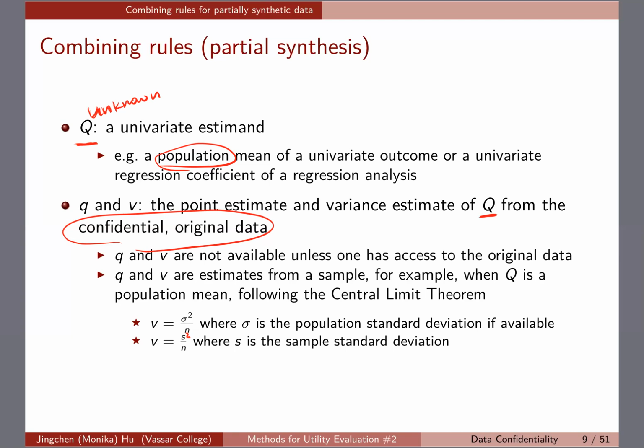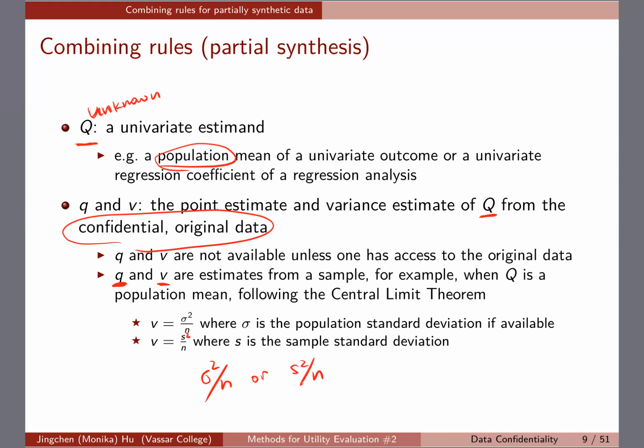If the central limit theorem can be used, then the best estimate for Q will be X bar, the sample mean, and the best estimate for V is either sigma squared over n or S squared over n.